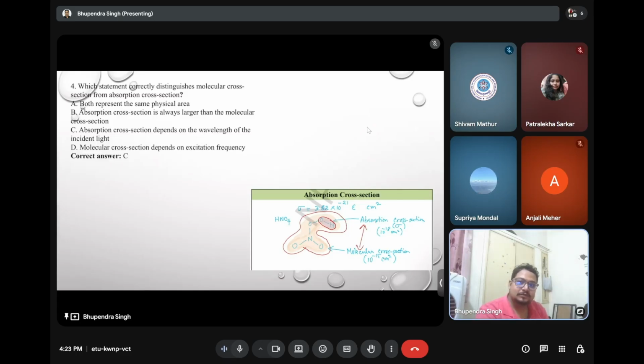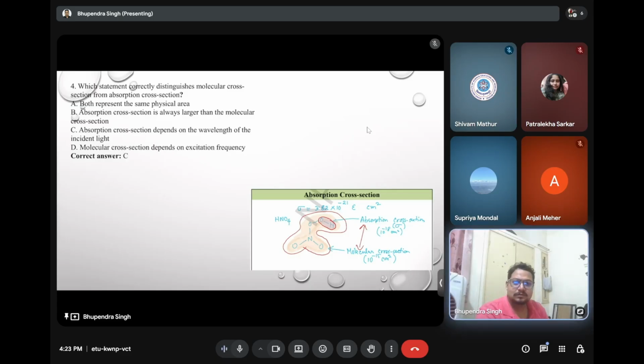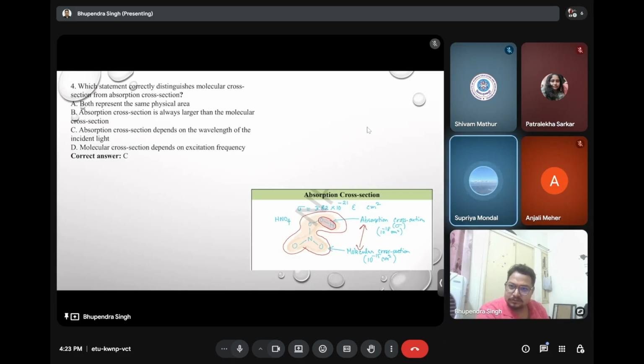If both represent the same physical area, then this property is not differentiable between these two, right? Yes.